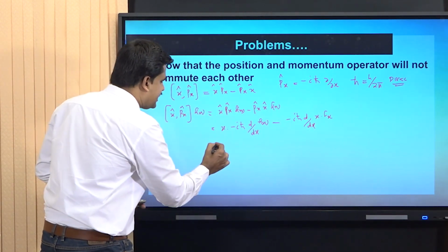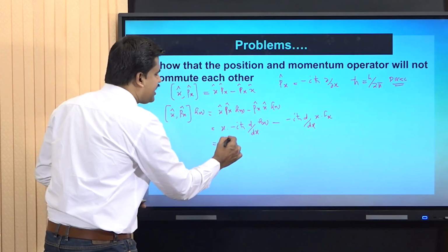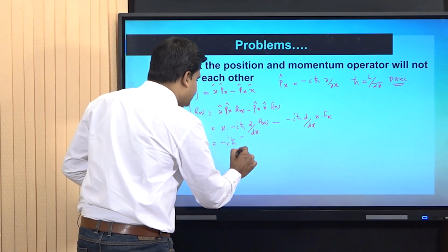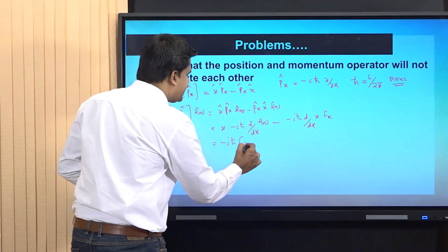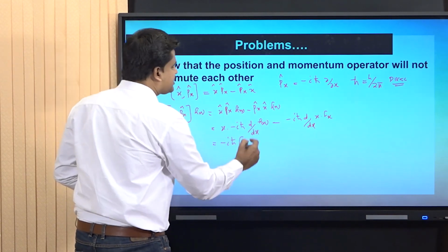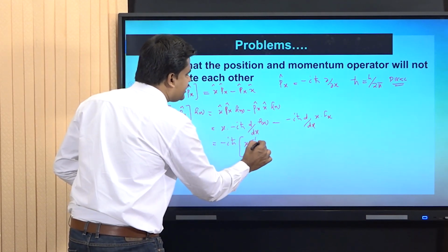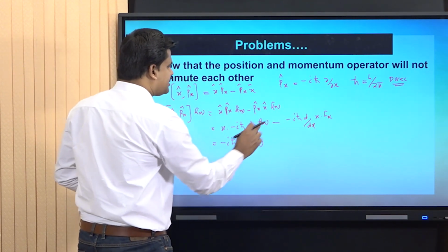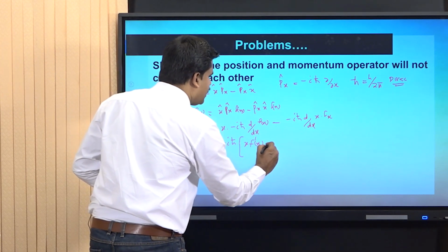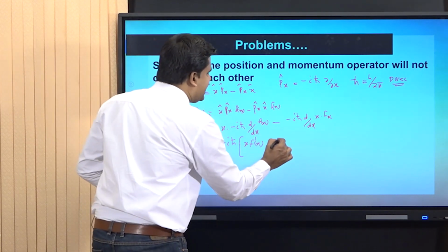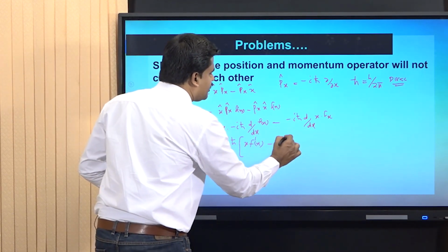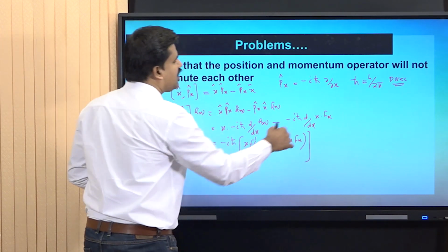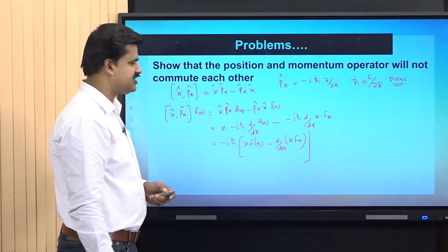From these two terms, I can take minus i h cross as constant outside. So this is x into d by dx of f of x, that you know is equal to x f dash x. Minus i h cross taken outside, so here there is a remaining minus term: minus d by dx of x into f of x. Here also you have to use the product rule of differentiation.